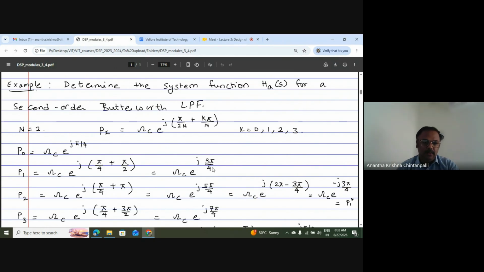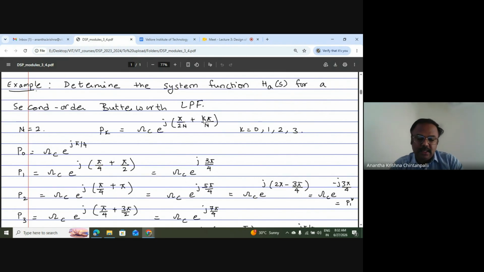One thing you have to remember is that adjacent poles are separated by pi by n, in this case pi by 2. So this is e to the power of j pi by 4 plus pi by 2. There are two ways of doing it.